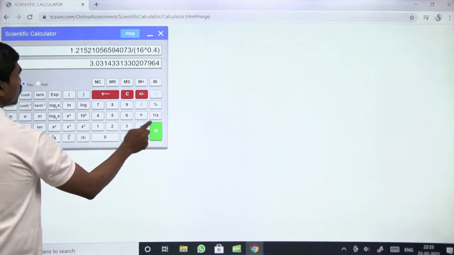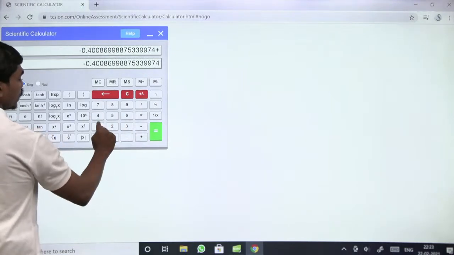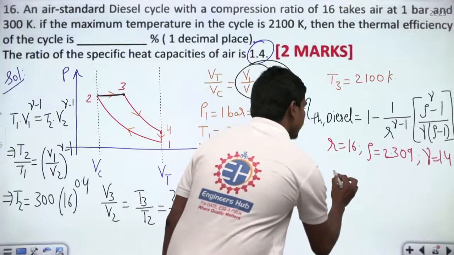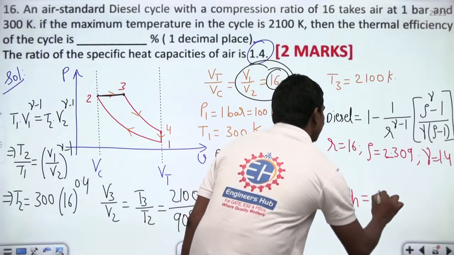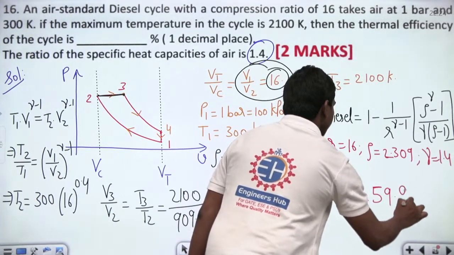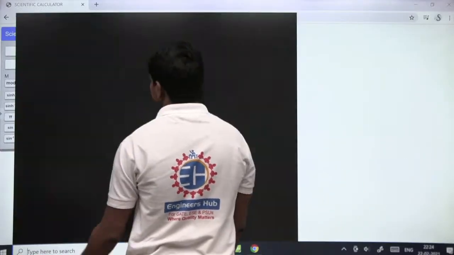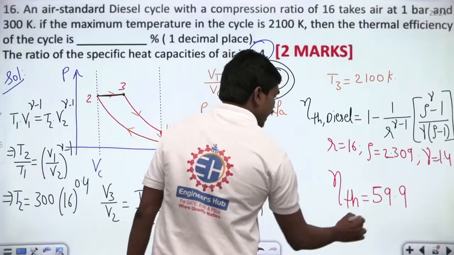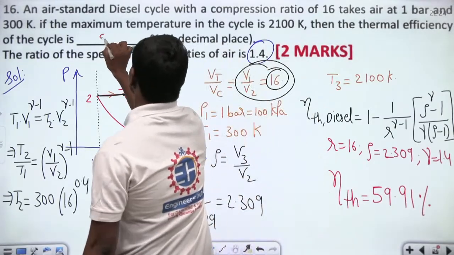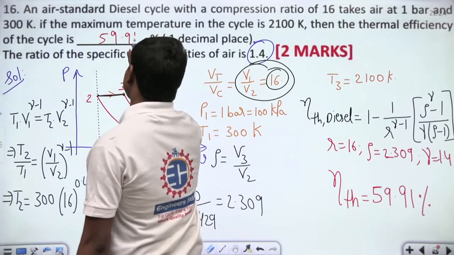This is the value that you need to divide. So negative of this plus 1 gives 0.599. If we write the value in percentage, the thermal efficiency is 59.91%. So 59.91 is the correct answer in this case.